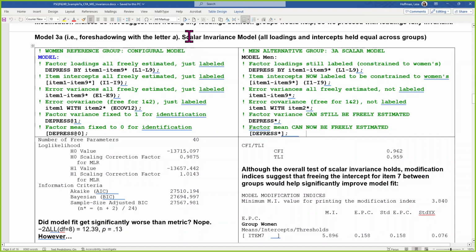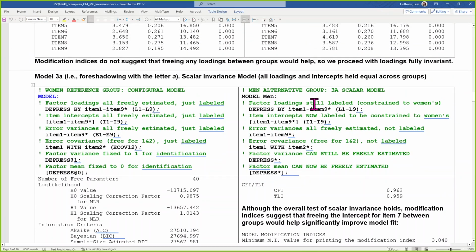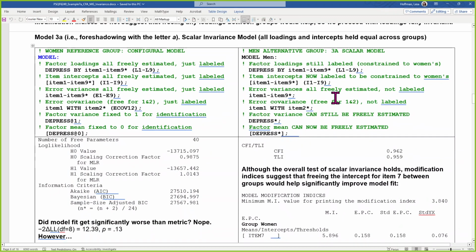Anywho, scalar invariance, that's what we're talking about no matter what we wish for. So can we constrain the intercepts and release the factor mean and have that be okay? So in this model, I'm on page 6. Intercepts have had their label added to the alternative group, the non-reference group, and that is putting a constraint on the intercepts.